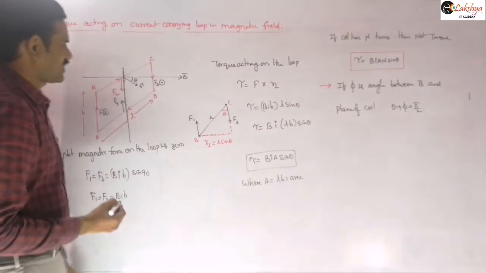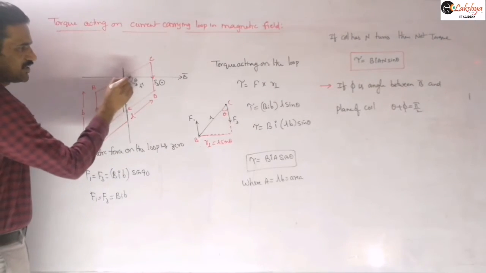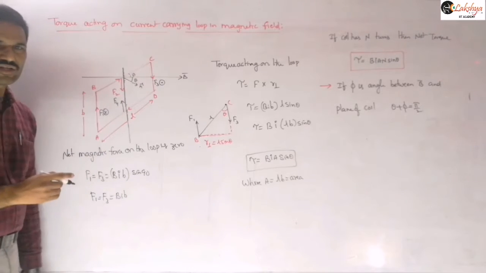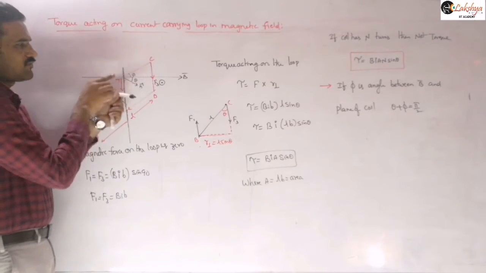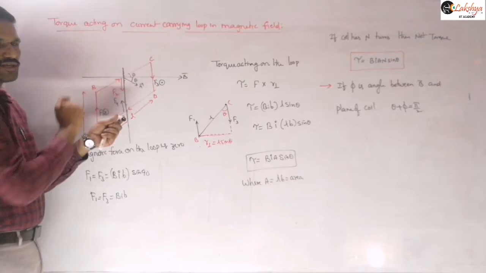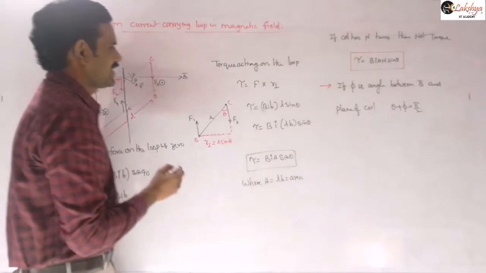Observe this angle: we are taking theta with the normal, so with the plane it will be phi. So theta plus phi should be equal to 90 degrees.